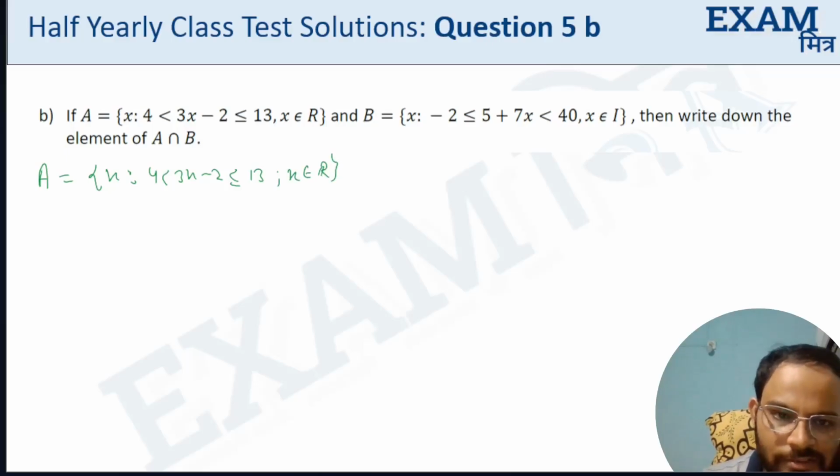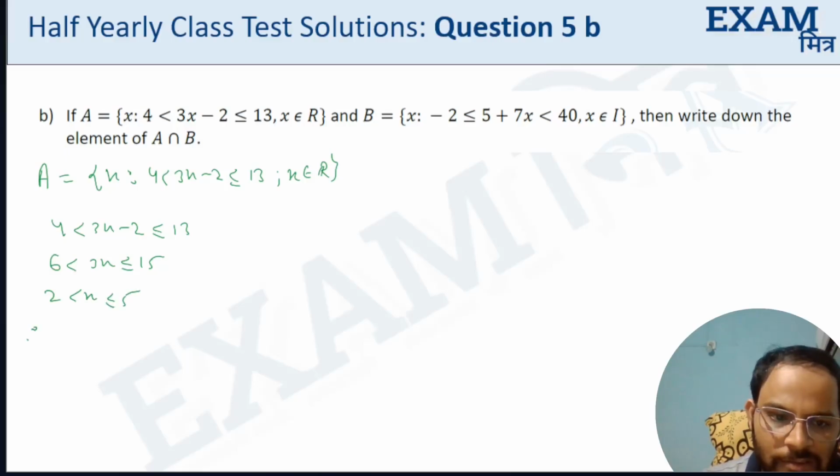So first let's solve this inequality. 4 less than 3x minus 2 less than 13, and if we add 2 throughout, this becomes 6, 3x, and 15. We can divide by 3 throughout the inequality, and the sign does not change because we are dividing by a positive number. So this is 2, x, and 5.